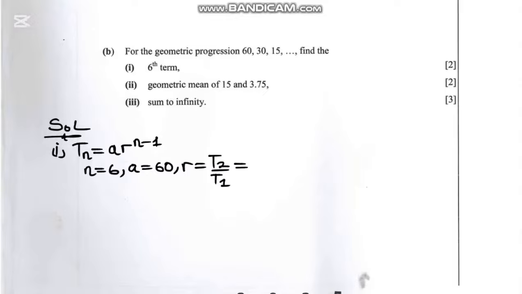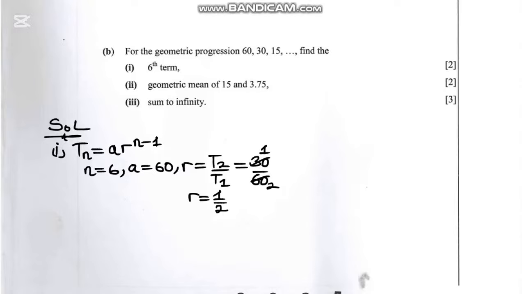In this case, I'm dividing T2 over T1, which is 30 over 60. Now 30 can go into 30 once, and 30 can go into 60 twice. So r is equal to 1 over 2.